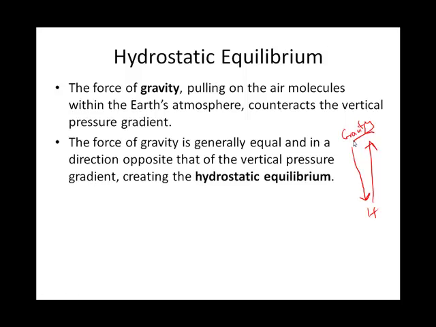And we call that ultimately hydrostatic equilibrium. So a parcel of air is neither falling because of gravity, nor is it rising because of the vertical pressure gradient force. In general, parcels of air, now I'm not talking about buoyant parcels of air, but just in general, air does not move because of either a vertical pressure gradient force or gravity.